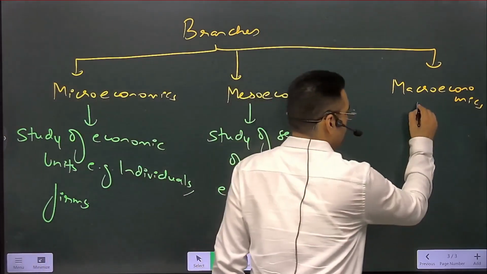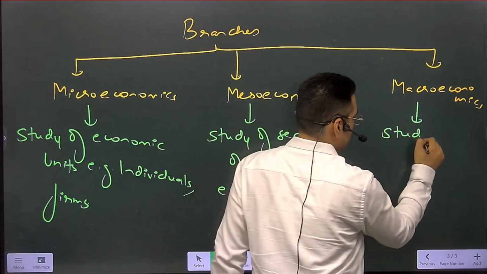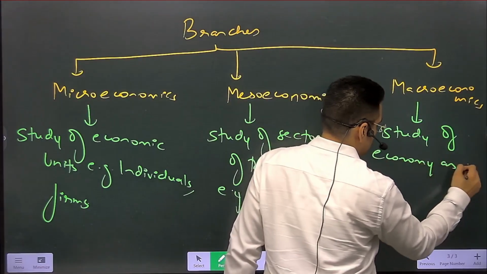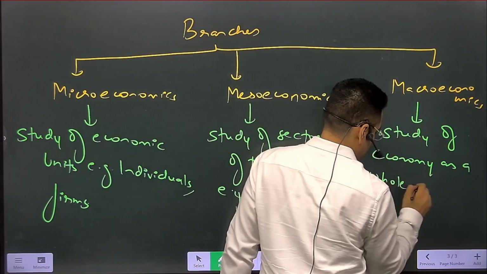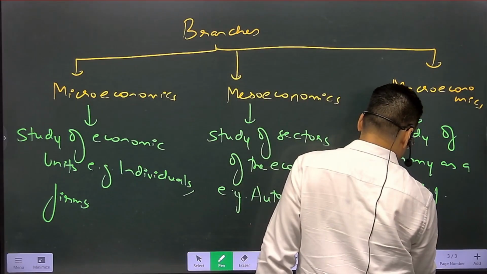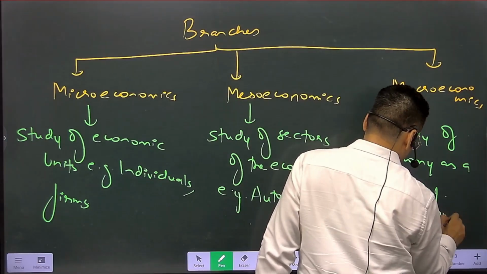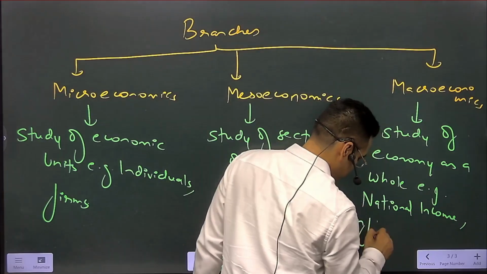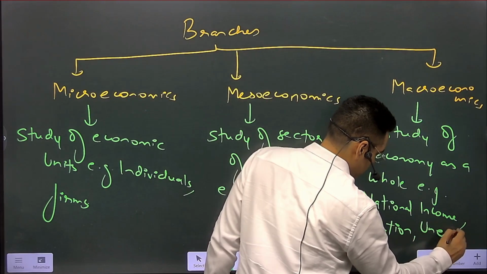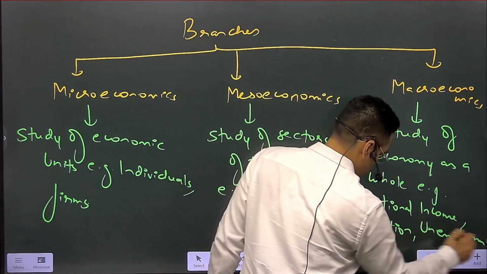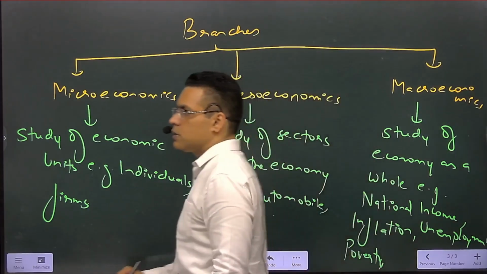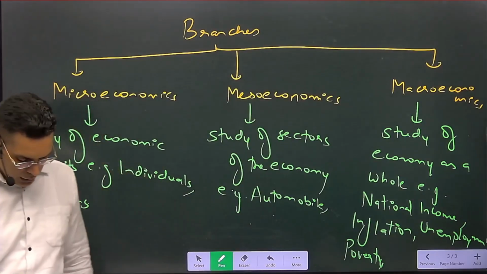Or we study of economy as a whole. Study of economy as a whole. Okay, so for example, we talk about national income. We talk about inflation. We talk about unemployment. We talk about poverty. So these are the three branches of economics.